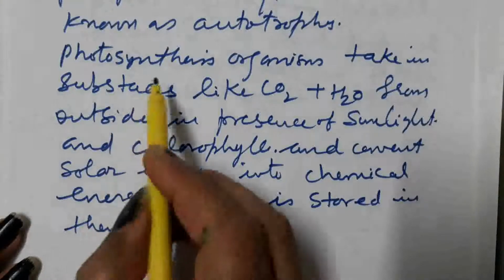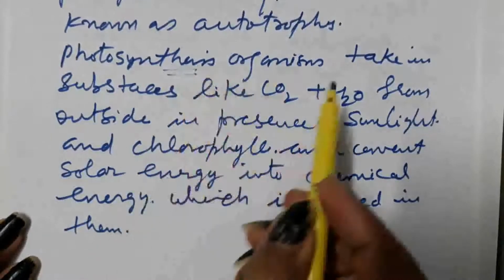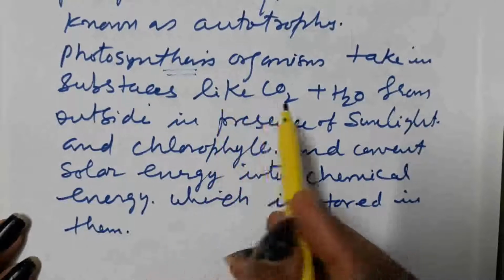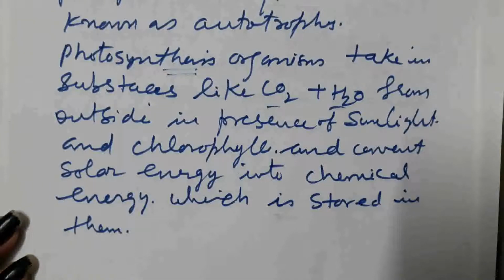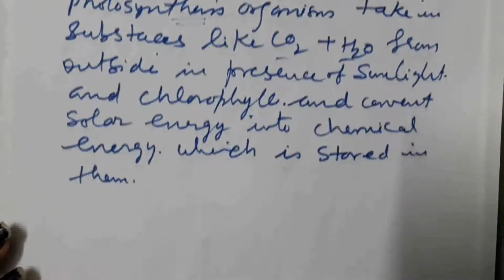So organisms take in CO2 and water from outside and form their stored food material in the presence of sunlight and chlorophyll.